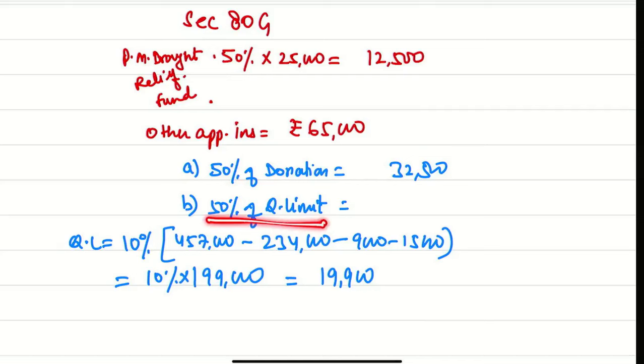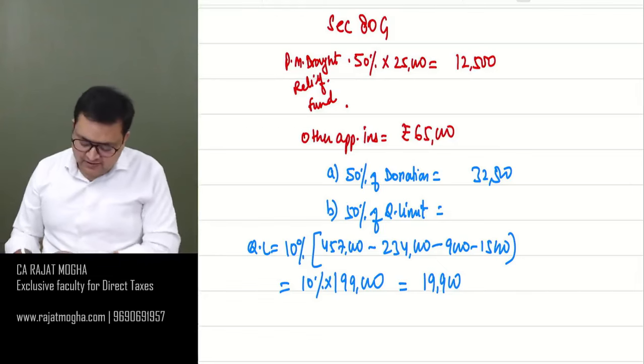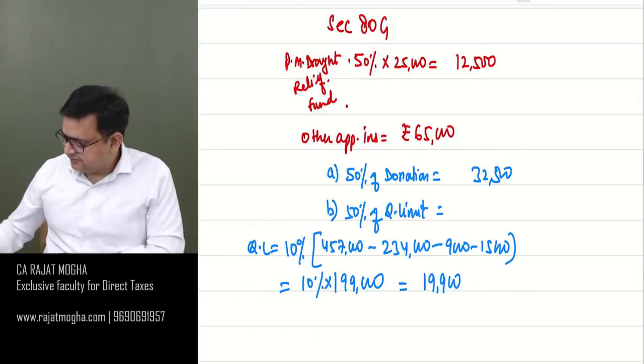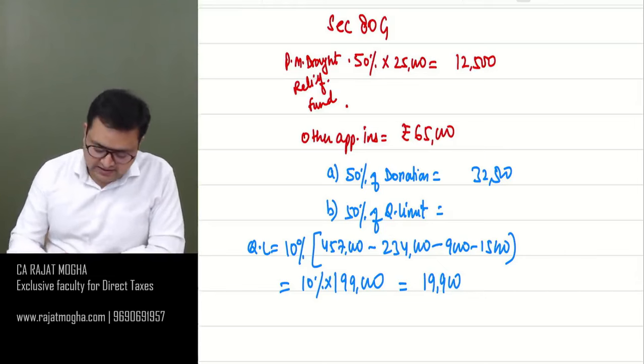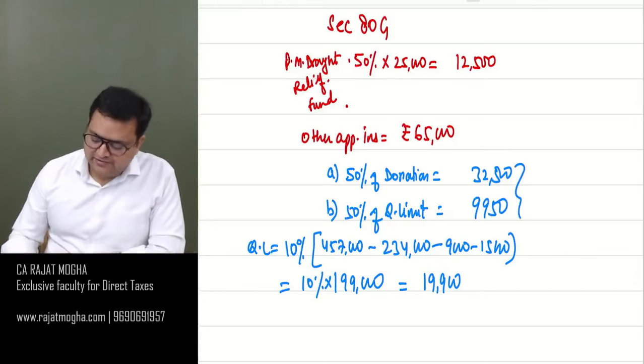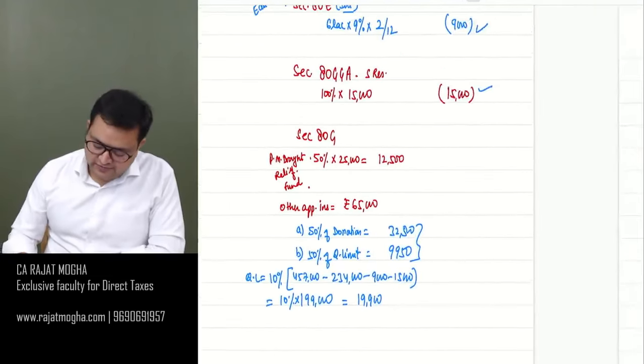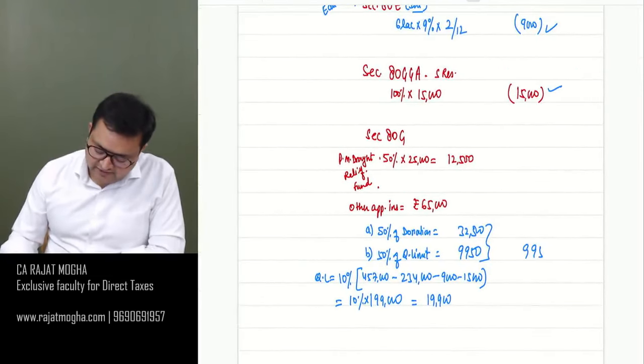Remaining, because whatever is exhausted in category 3, but we have not taken category 3. So 50% of this is 9,950. Whichever is lower, so we'll get a 9,950 deduction over here.